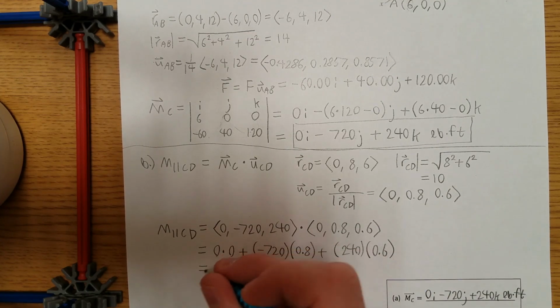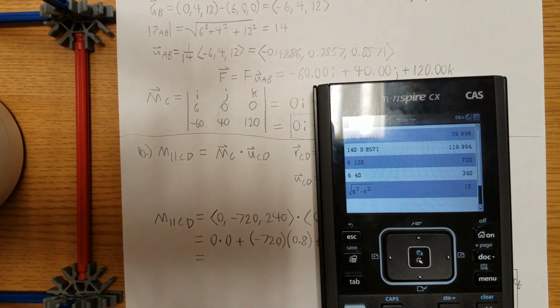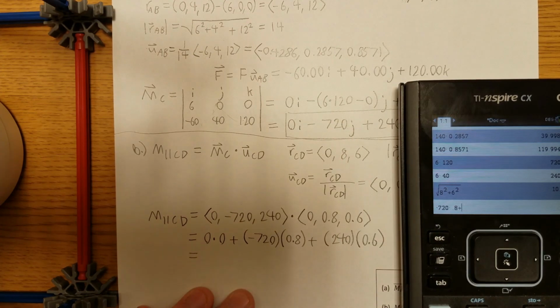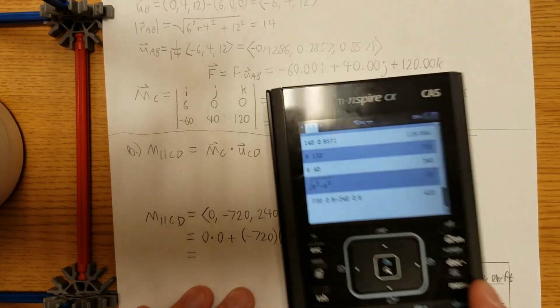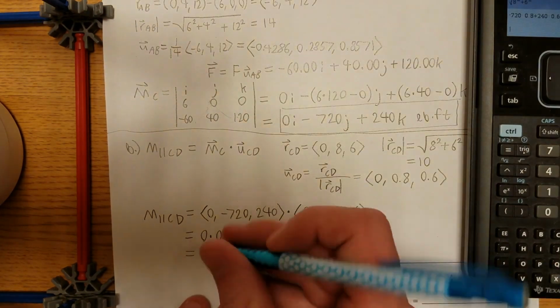Okay, and when we add that all together, get the calculator out again, negative 720 times 0.8, we'll go ahead and just put the whole thing in here, plus 240 times 0.6. And that gives us negative 432.